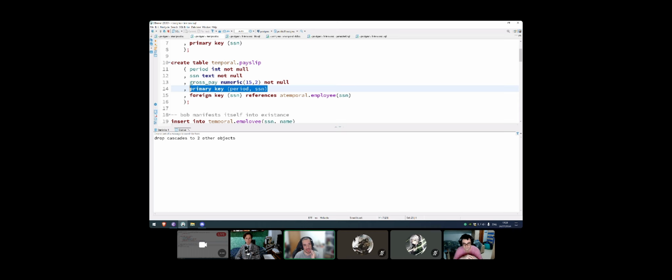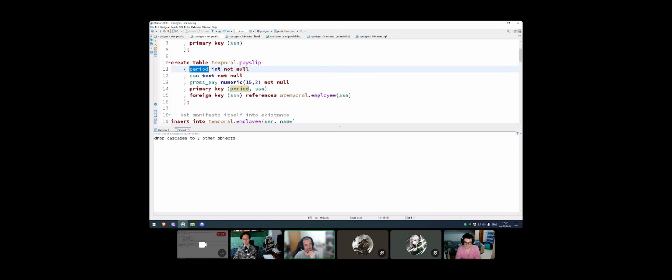You could only have a single payslip per employee at any time. Now we can have one payslip per employee per period. So let's say this is something monthly, right? Any month can have a payslip for the employee.